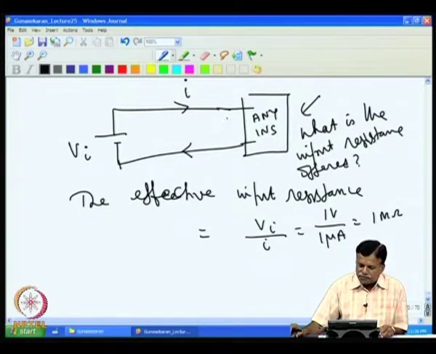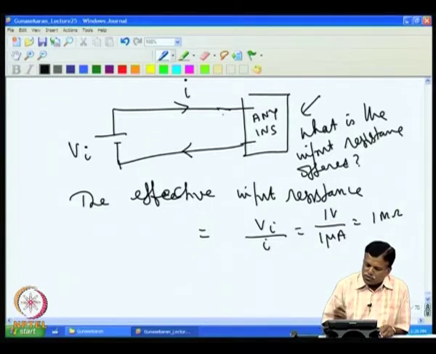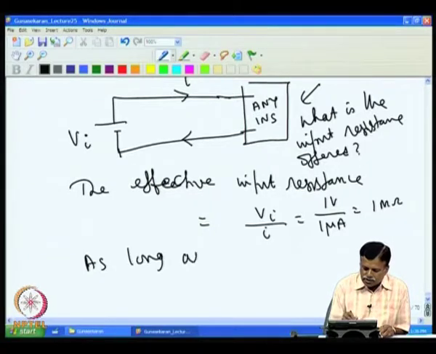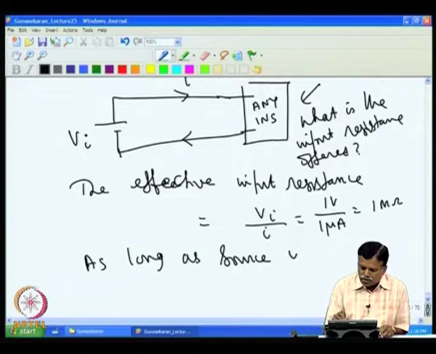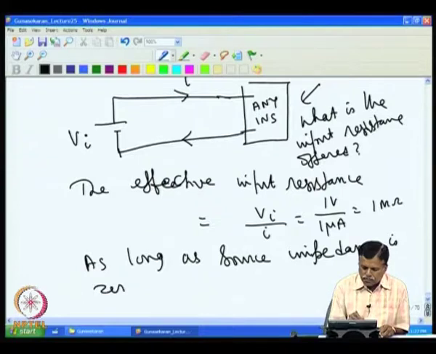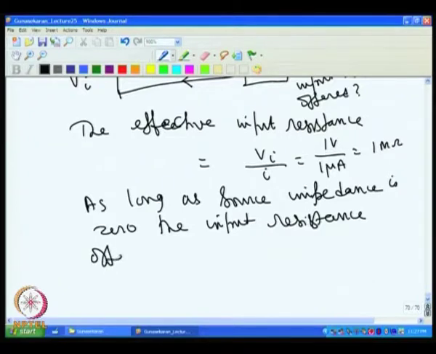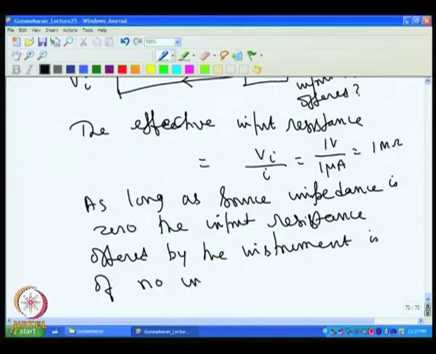Now, the input resistance is of no consequence as long as the source impedance is 0. As long as the source impedance is 0, the input resistance offered by the instrument is of no importance.